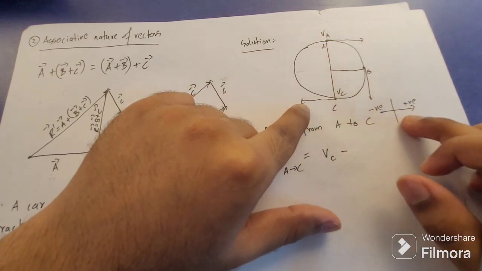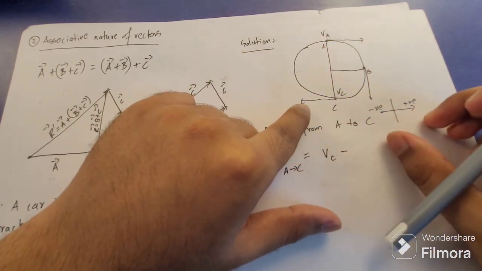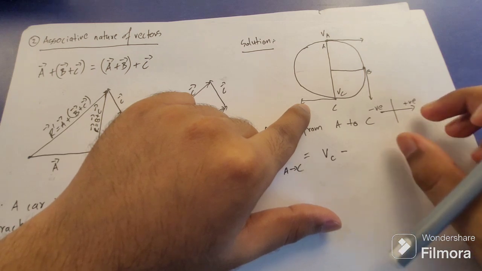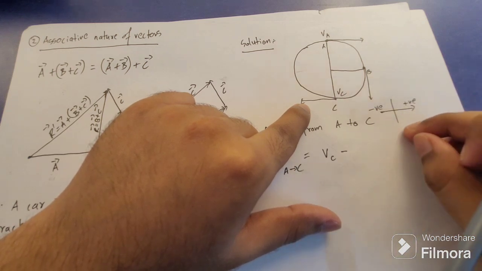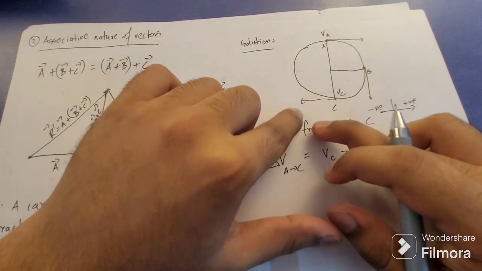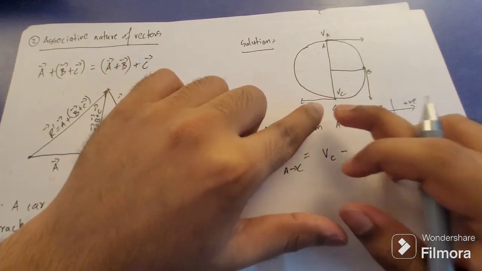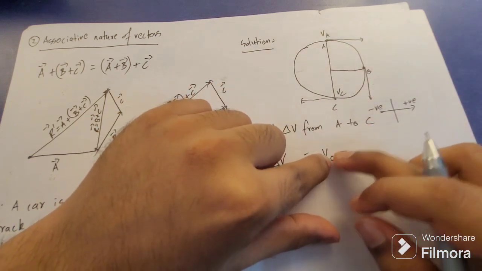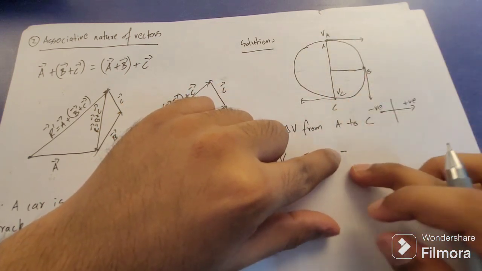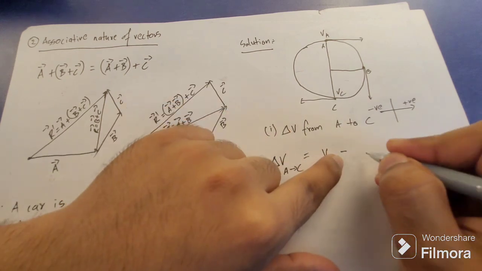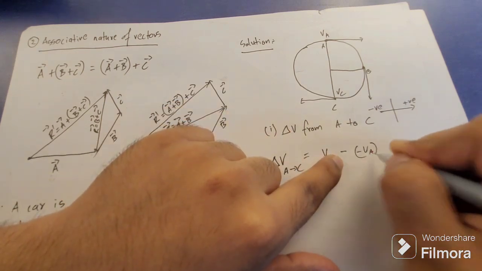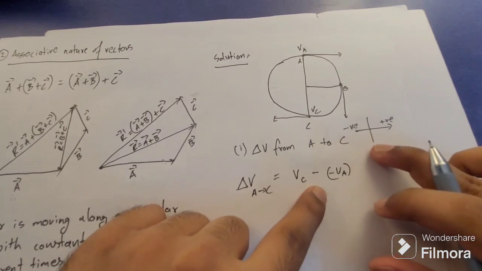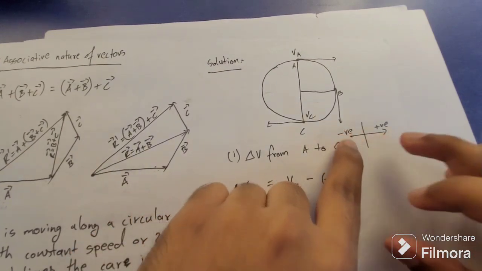So this scale is always relative. It will change according to each and every question and we can assume it according to ourselves. So if I assume the direction of VC to be positive, the direction of VA would be negative. So if I have to subtract VA from VC, I would do VC minus of VA. Now, it is a very important point to understand about the relative direction.